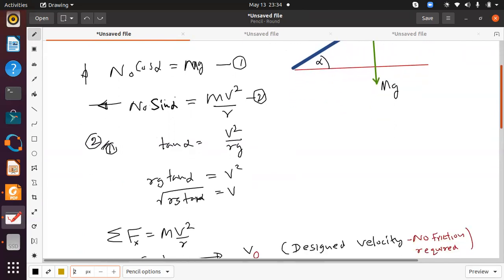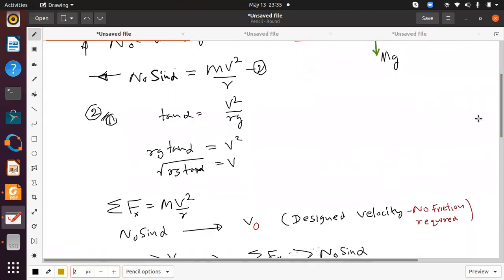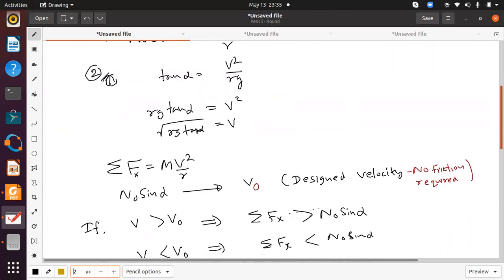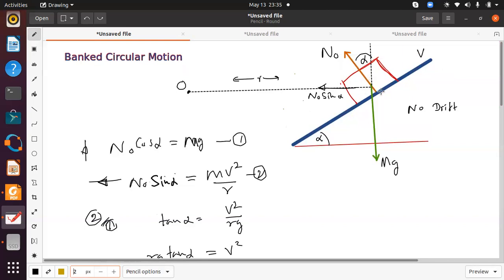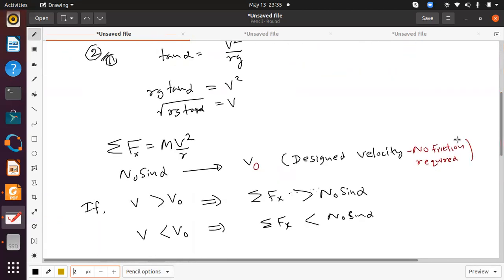So what does it tell us? It tells us that N naught sine alpha will result in an optimum velocity, a design velocity, which requires no frictional forces. Now, suppose the car moves at a greater speed than the optimum speed.